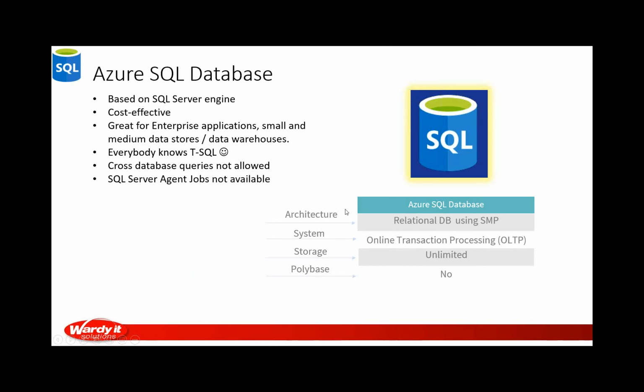It's offered either with DTUs or vCores. Everybody knows SQL, but some limitations are that cross-database queries are not allowed, and you won't have the SQL Server Agent jobs. What you get is just a single managed database within Azure. That's what they call a database as a service.